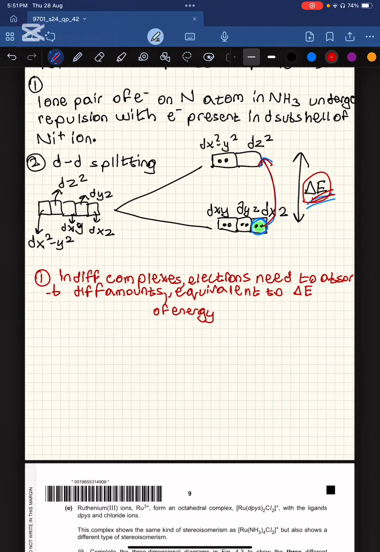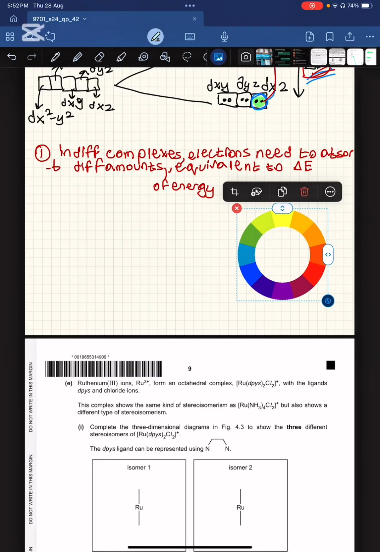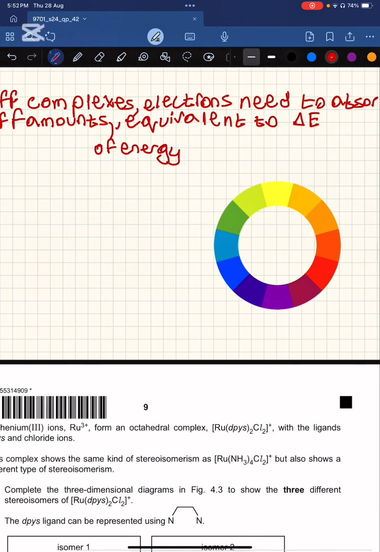Now, there is a particular wheel, a color wheel, which you need to understand, or how a color wheel essentially looks like. The way the color wheel works is that if an electron absorbs yellow light, then it will reflect all of the lights other than yellow light, which is this color, this, and this color. The mixture of all these colors will be the opposite of the light which it absorbed.